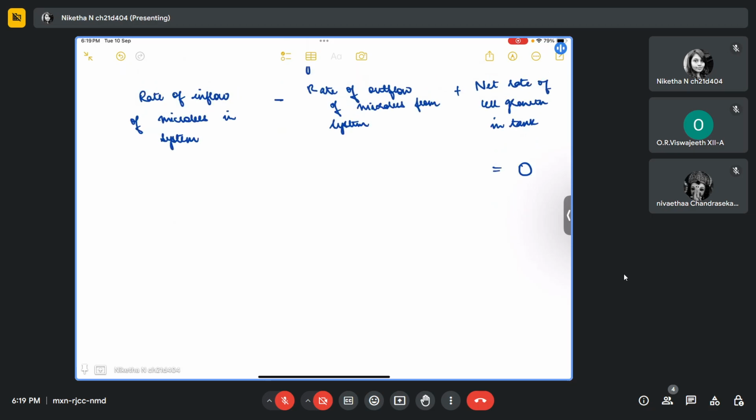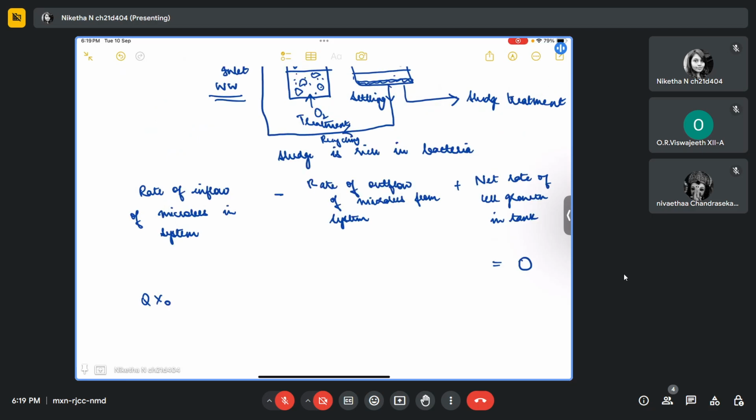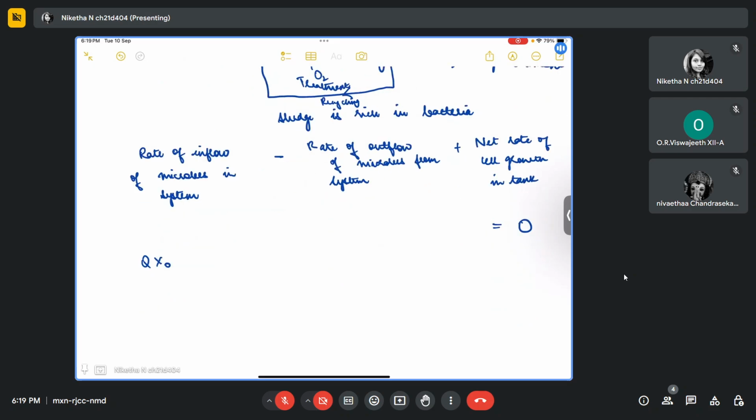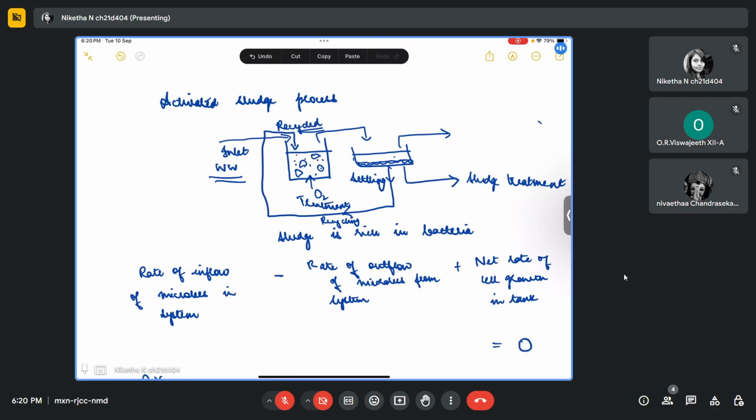So this can be represented using terms like Q into X0, where Q is the rate of inflow. So the rate of wastewater inflow is denoted by Q, and X0 is the concentration of microbes in the inlet.